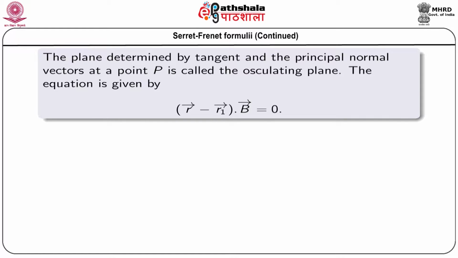Now, the tangent vector and the principal normal vector form a plane called the osculating plane, and the equation of the osculating plane can be denoted in vector form in the following way: if on that plane a point has position vector r and a fixed point has position vector r1, and B is denoted by the binormal vector, then the equation will be (r minus r1) dot B equals 0.